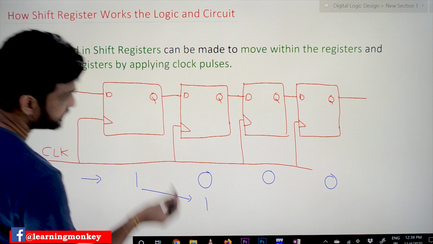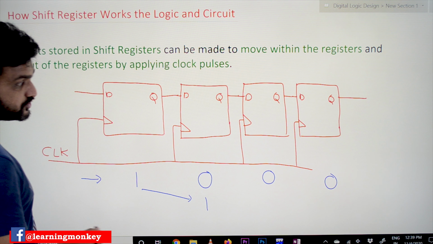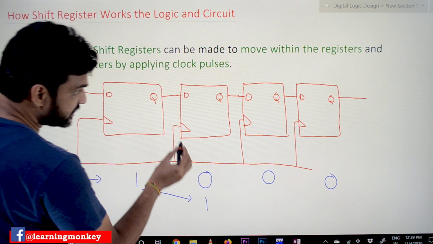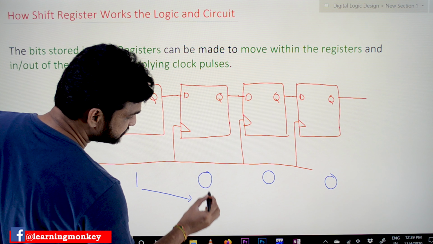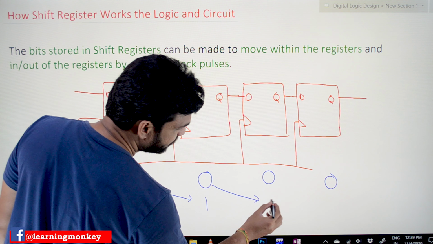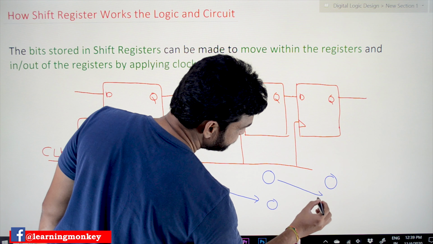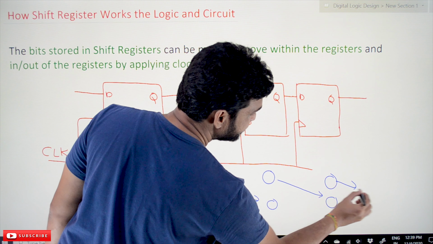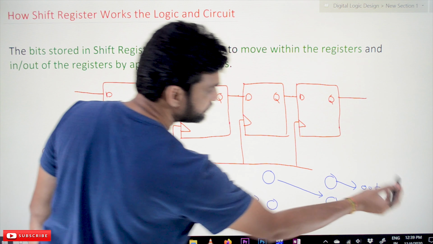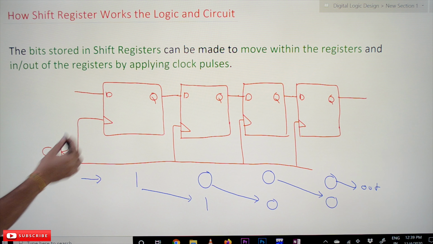This will move here because the output is connected as the input of this flip-flop, and in the same clock pulse this 0 will move here, this 0 will move here, and this 0 will be out. So this 0 will be removed from the register.